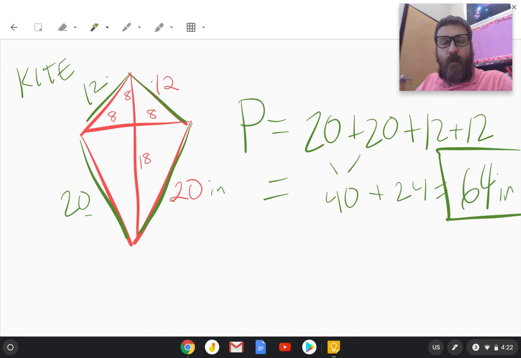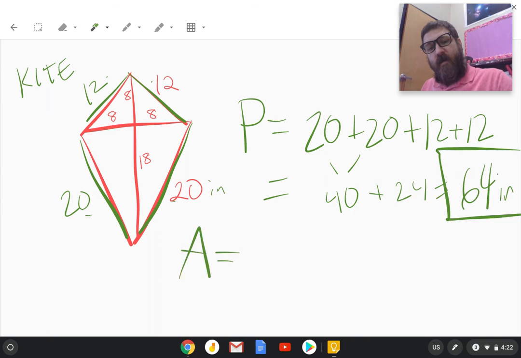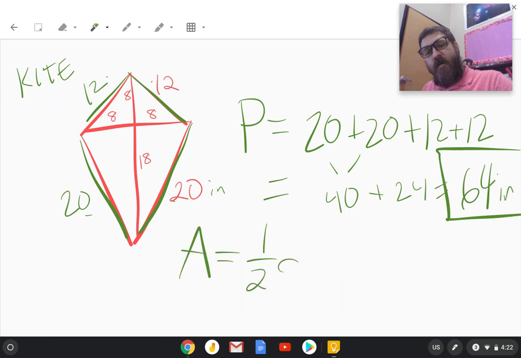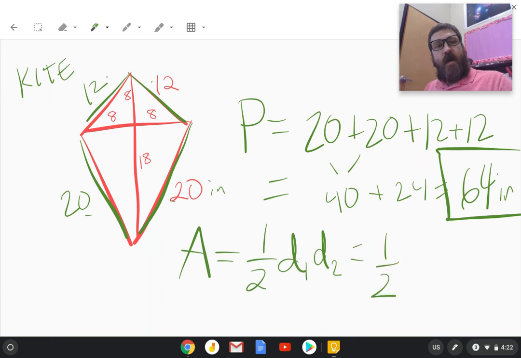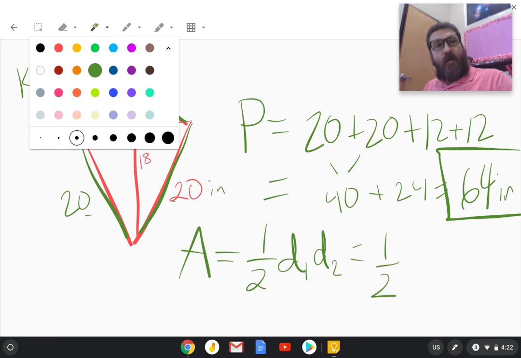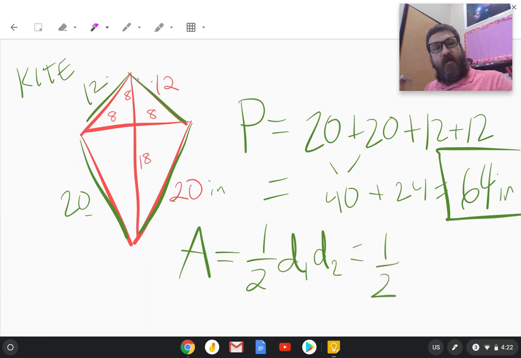So we've done this in a previous lesson, but I just want to make sure you see another example. The area is 1/2 diagonal 1 times diagonal 2. So in our case, diagonal 1 is this diagonal that goes from here to here. That's 8 and 18 together, which makes 26.